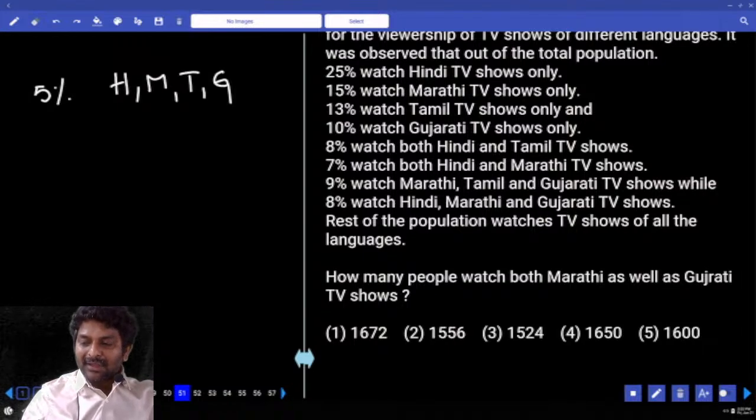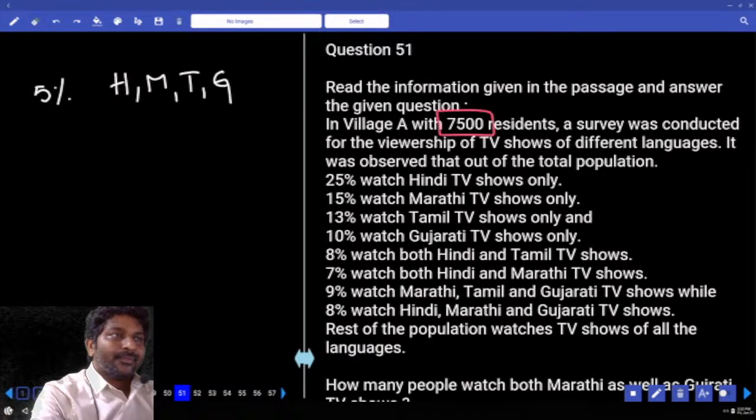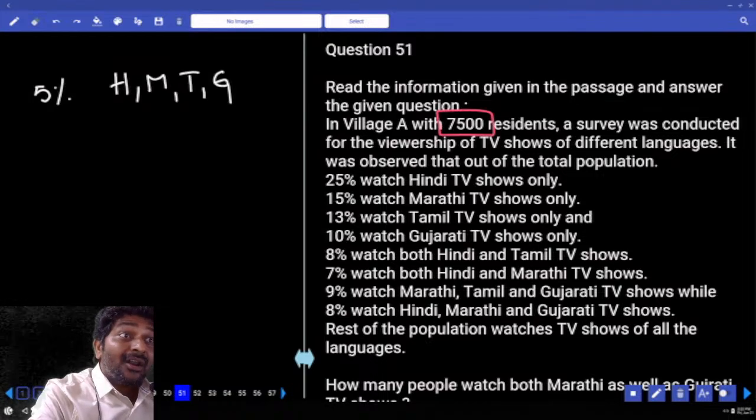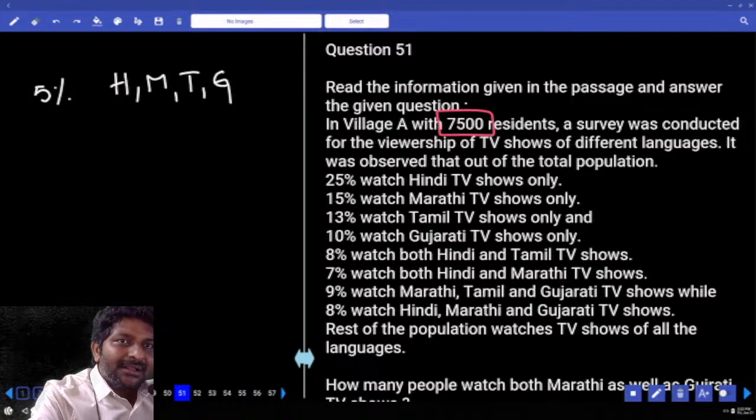Now, one more. Actually, we are done with the answer. What is 1% value? 75. When you look at your percentages, all are integer numbers. Is there any fraction involved anywhere? So every number is an integer, correct? And you know that 1% value is a 3 multiple, also 5 multiple.